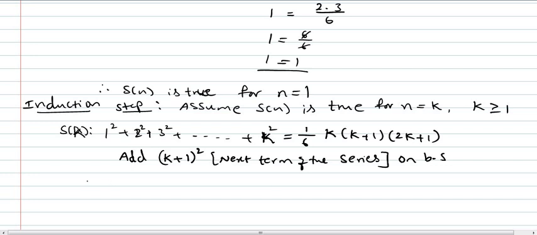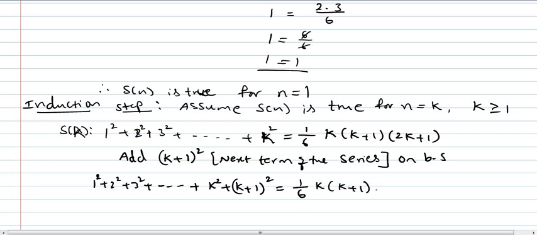So we get 1 square, 2 square, 3 square, and so on, plus k square plus k plus 1 whole square, is equal to 1 by 6 into k plus 1 into 2k plus 1, plus k plus 1 whole square.